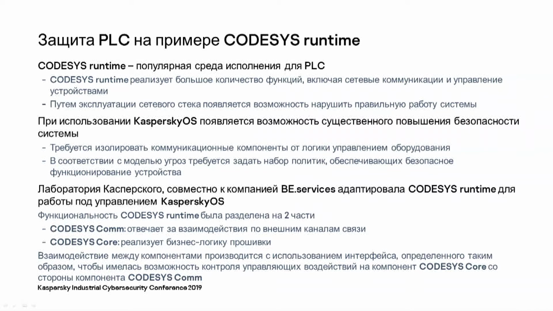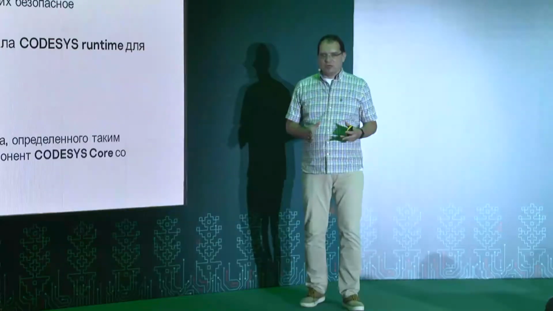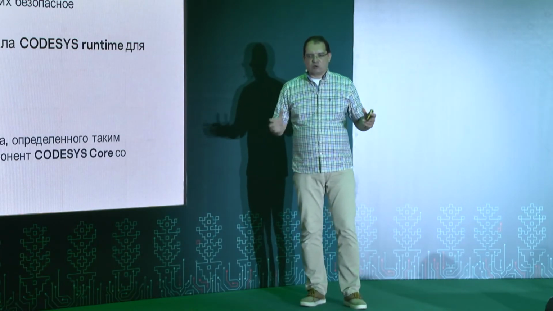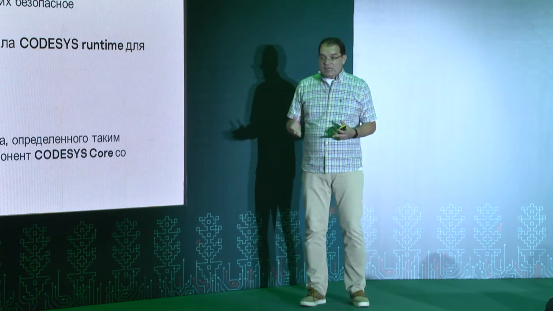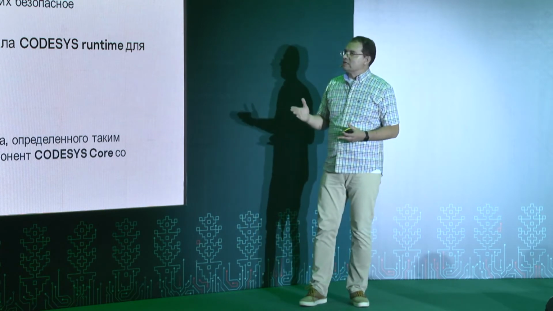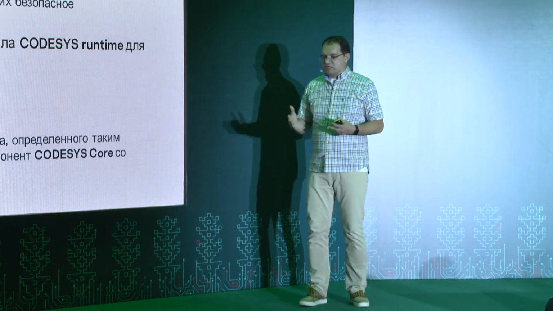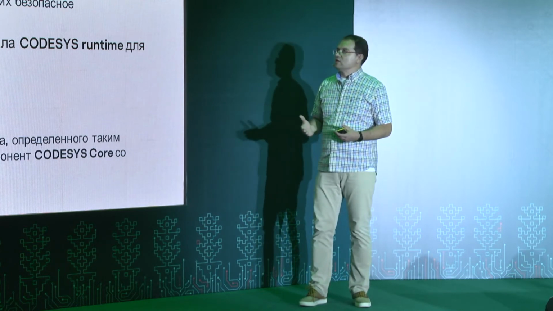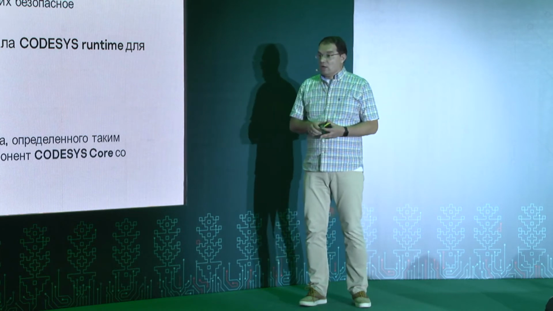In its original delivery, it's a monolithic component running a lot of functions, like network exchange and business logic, all in the same address space, which is a problem because if the network stack is compromised, it may result in the disruption of the whole system.